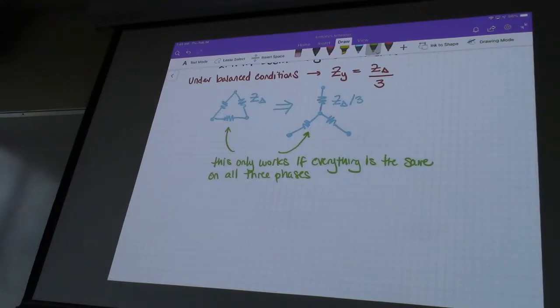So when we say that it's Z delta, Z delta, Z delta, then the values on all 3 of the phases is Z delta divided by 3, Z delta divided by 3, Z delta divided by 3.